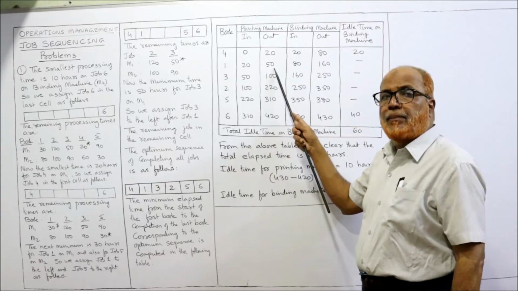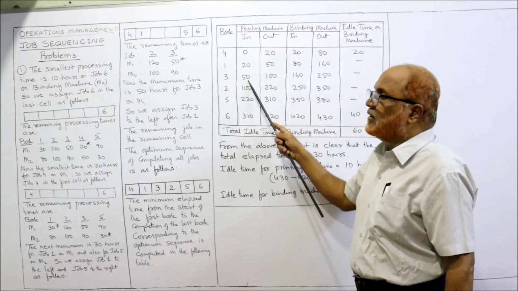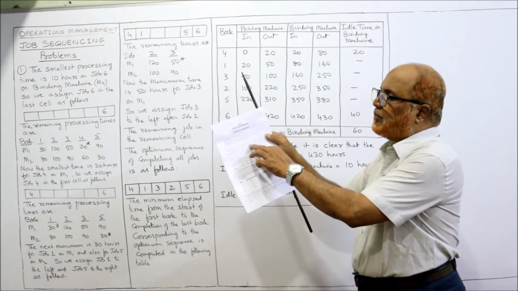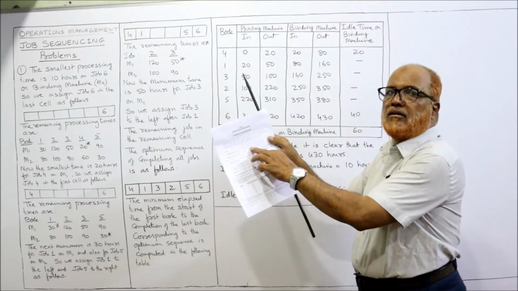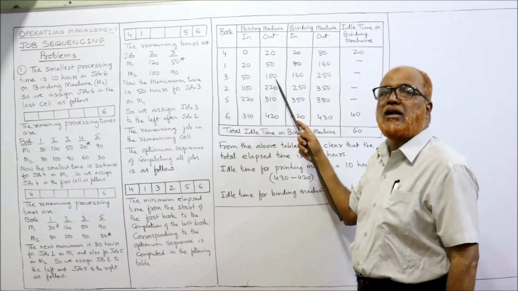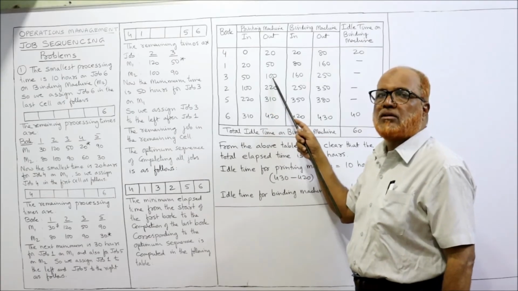Immediately after completing this first job, it will start the third job. So again 50. You can see the third job printing time is 50. So 50 plus 50 hours, it will become 100 hours. At the 100th hour, this third book will be finished.